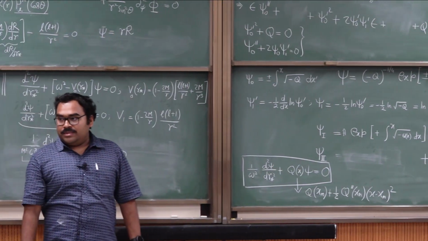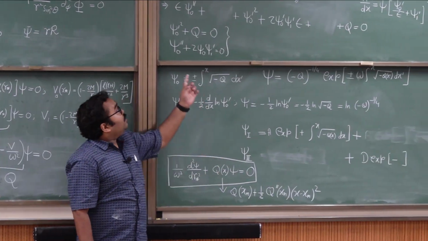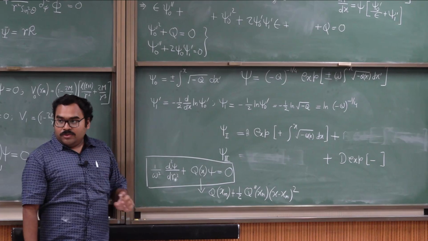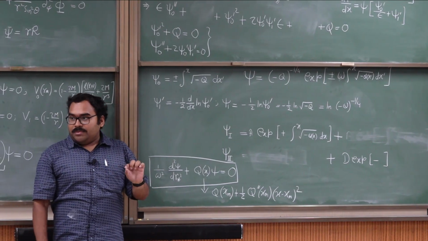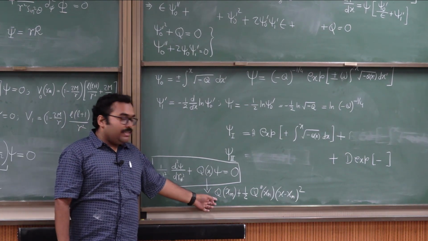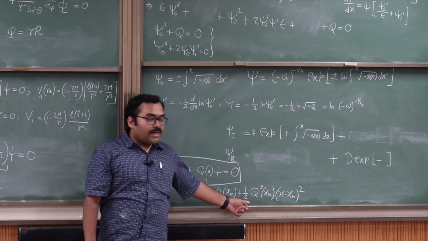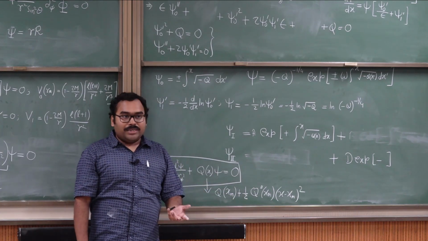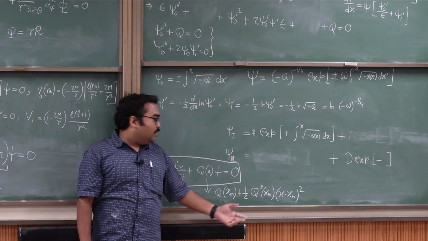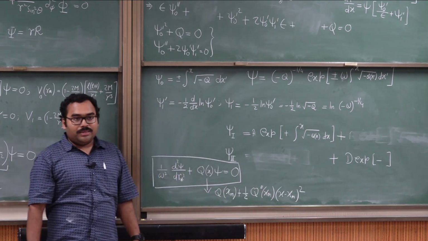So q has an extremum where the potential has a maxima. I am expanding about that maxima because region 2 is around the maxima. If I am expanding in a Taylor series, the first term is q at maxima, then I will have q prime at maxima, which is 0 because at an extremum the first derivative vanishes. So I have a contribution from the second derivative and then the x minus xm whole square.